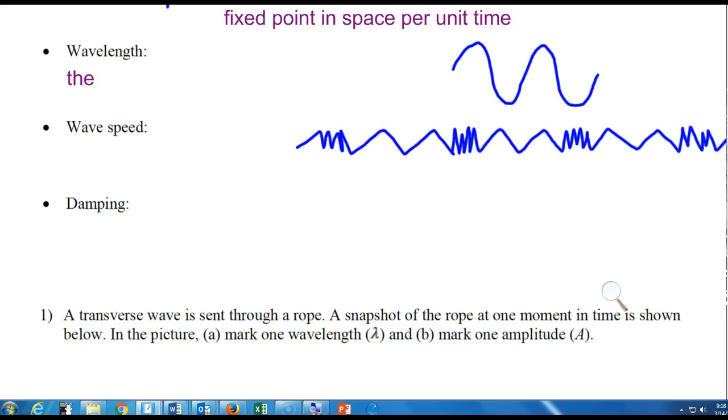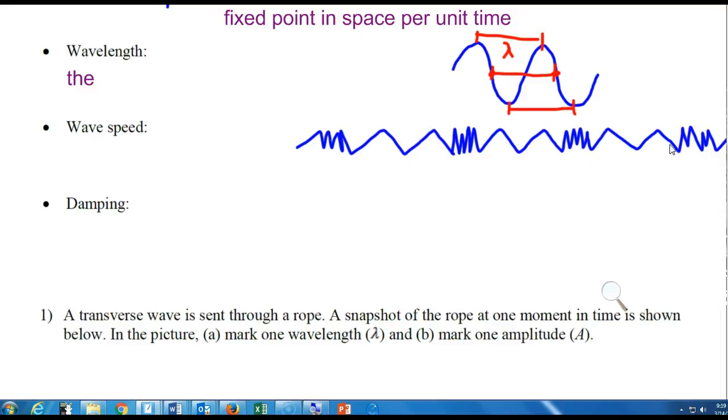One wavelength is the distance from crest to crest. We use the Greek letter lambda for wavelength, but you can also measure it from trough to trough, or from center to center. These are all the same wavelength.